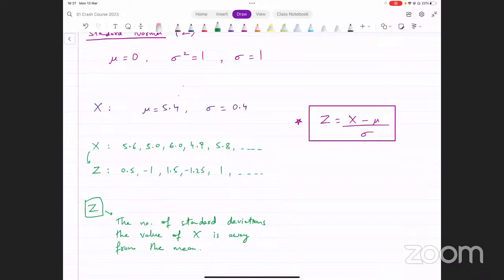If you remember, mean was 5.4, standard deviation was 0.4. Let's say 5. 5 is 1 standard deviation below the mean, 0.4 less than the mean. That's why the value of z that we have here is -1. Similarly, 5.8 is 1 standard deviation above the mean, so the value of z here is 1. So the z value represents the number of standard deviations you are away from the mean.